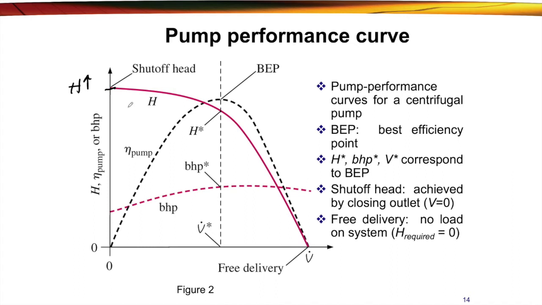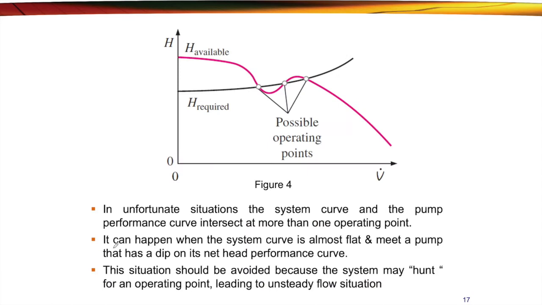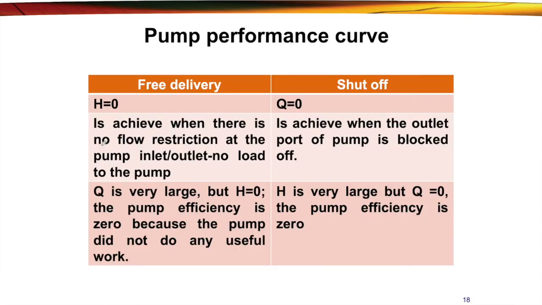For free delivery, Q is at maximum and the head is 0. This is achieved when there is no flow restriction at the pump inlet or outlet. There is no load on the pump, so the pump does not do any job for that system.